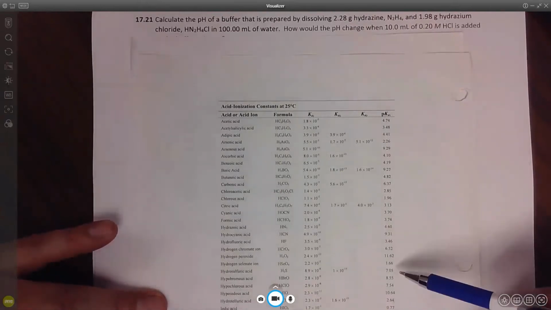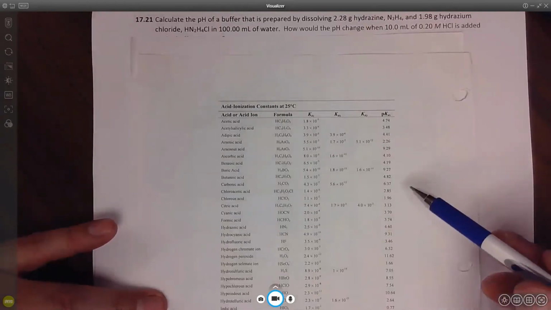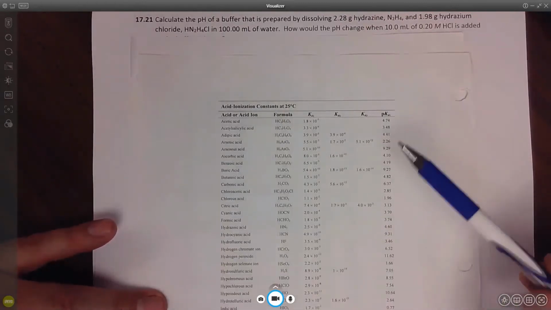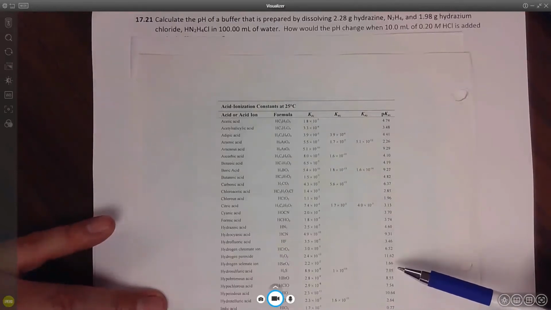Okay. So to make a buffer of a pH 6 is going to be pretty difficult with the acids that we have here to choose. We might actually end up outside that plus or minus 1. I guarantee on your quizzes and your exams, that won't be the case, okay?